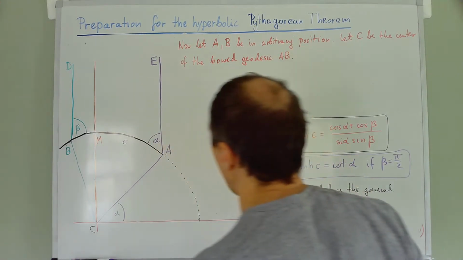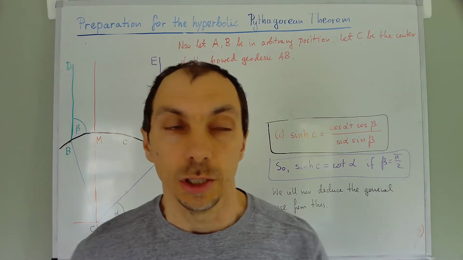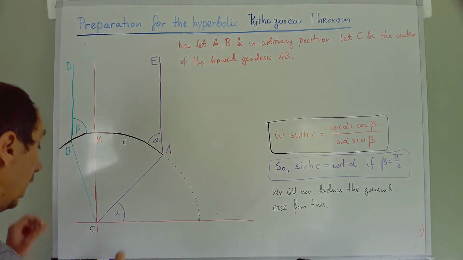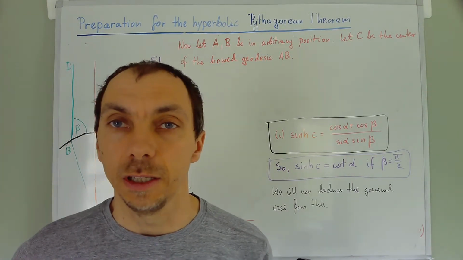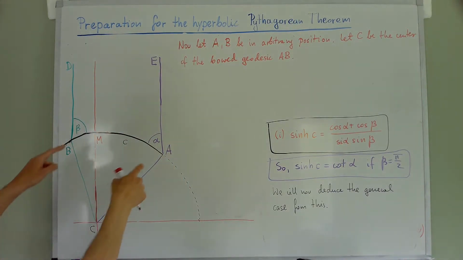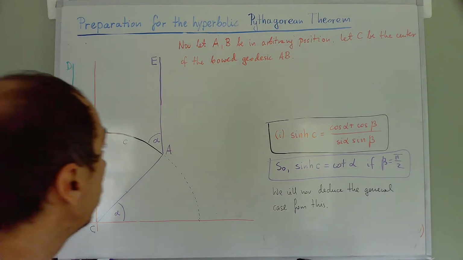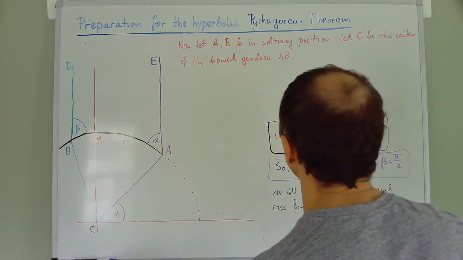A, B. Now remember, we're not assuming that A is above B, right? We said in the statement of the proposition that the geodesic connecting A and B is a bound geodesic. So we're definitely not in the situation where A is on top of B or B on top of A. So there really is a circle that connects them and it's centered somewhere here. So we already know the definitions of alpha and beta.